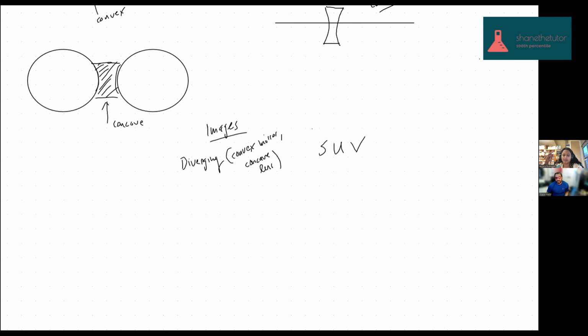Is it like if you actually have the focal point, the rays converging, where the image is created? In real life, what's the difference between a real image and a virtual image?